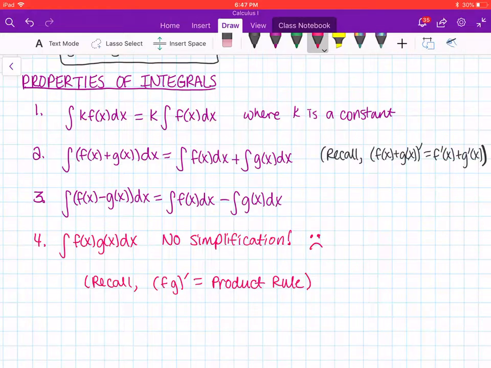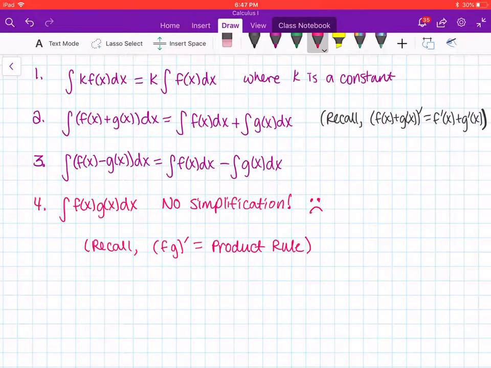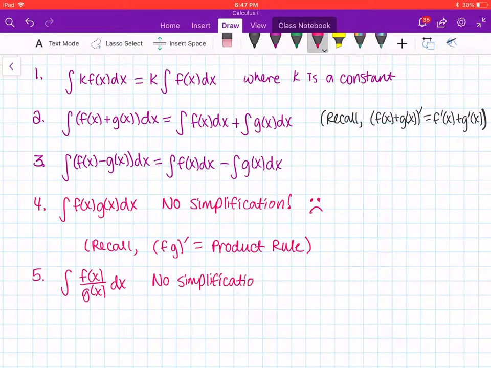So there's no simplification that we can use, no specific properties, and then same story with division. No simplification again. And that has something to do with the quotient rule. The quotient rule is so complicated, we can't take the antiderivative of it.